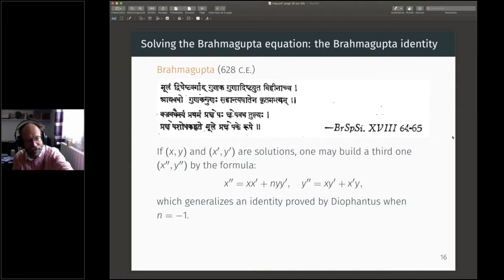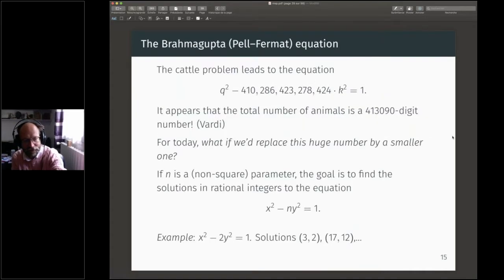It's 3 times 3, 9, plus n is 2, so plus 2 times 2 times 2, so 8. So it's 9 plus 8 is 17. And here I get 3 times 2 plus 2 times 3, so it's 12. And I have 17, 12.